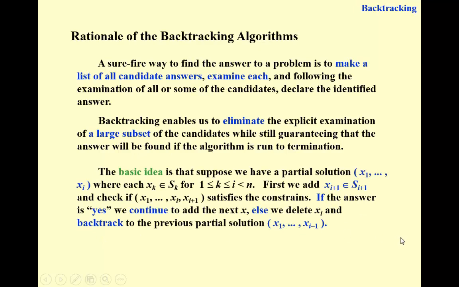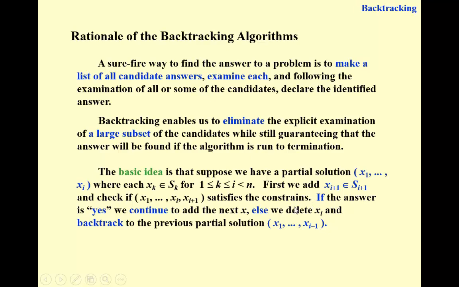So the basic idea is to solve the problem step by step and to form a complete solution by adding one piece of the solution at a time. So suppose that we have already collected i pieces at the moment. So we have this partial solution consisting of x sub 1 to x sub i. And then to obtain the next x sub i+1, first we check that by adding that x sub i+1 to the partial solution, whether it satisfies the constraints.